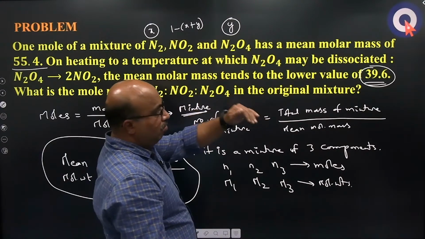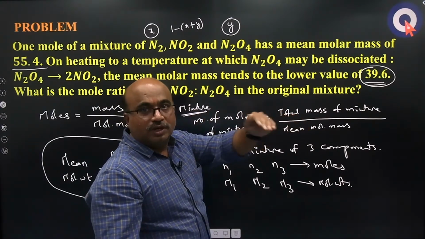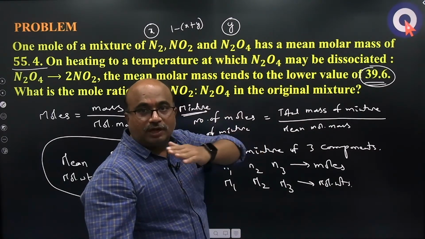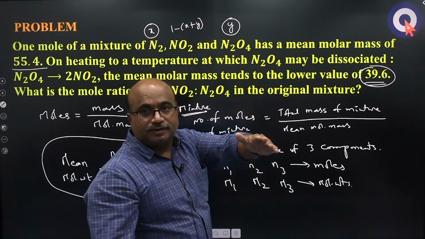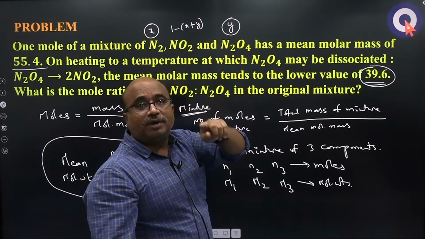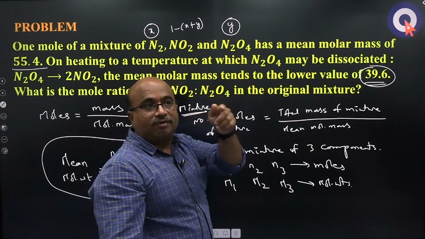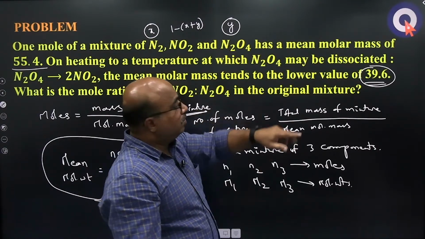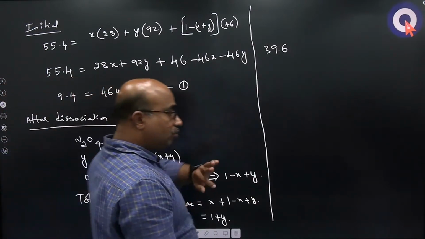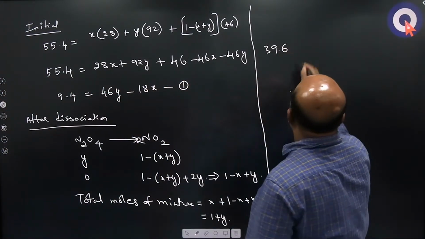Lowers to a value is different from lowers by a value. Lowers to a value means it is finally coming to 39.6. Lowers by a value means you have to subtract from 55.4 and decrease by 39.6. So now it is lowers to 39.6.